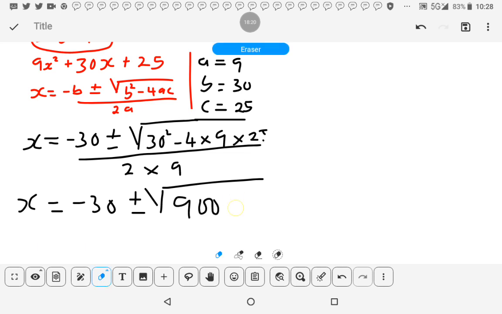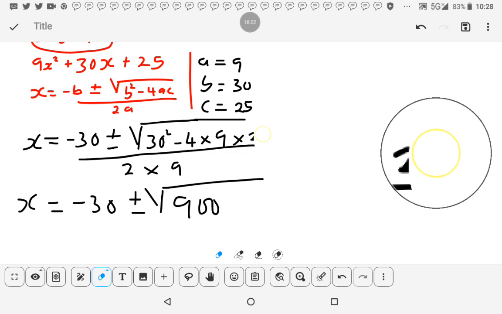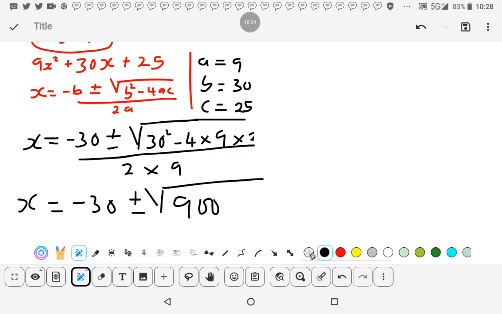Then minus 4 times 9 times 25, which will also give you 900. So this is minus 900, then all of them divided by 18.